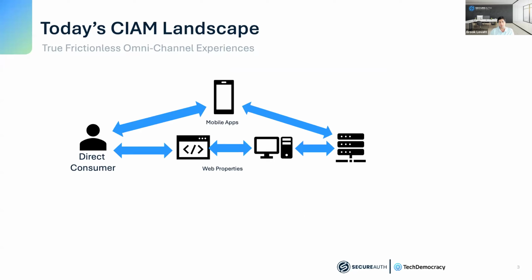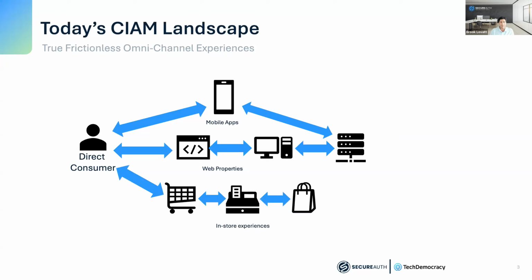There's a slightly different experience there. More and more, the web applications are becoming unified with mobile applications, but there is a separate set of security implications and so on. Additionally, we have in-store experiences, and from an increasing omni-channel perspective, your customers, your vendors, or businesses in general that are implementing CIAM want to be able to provide unified experiences across these channels.